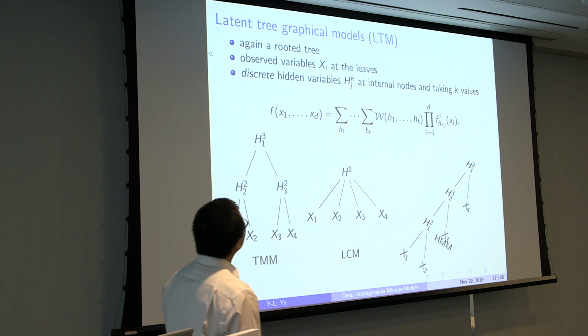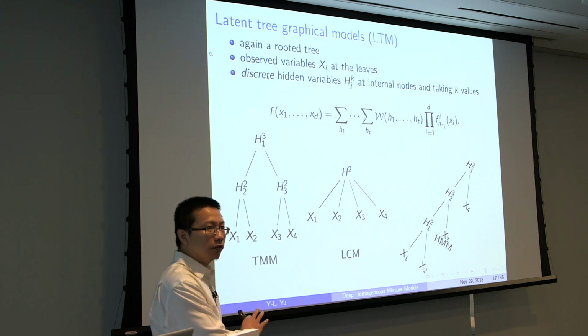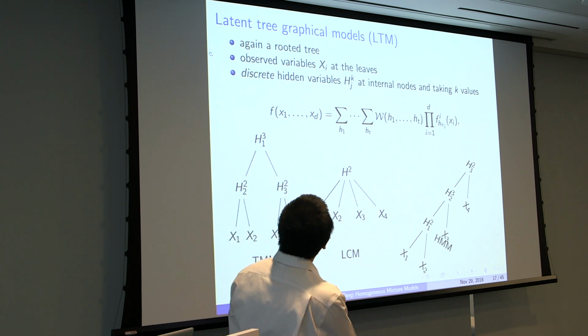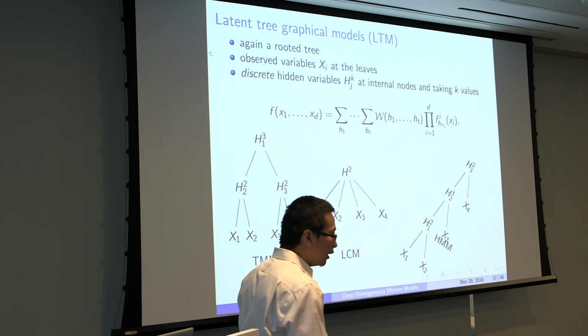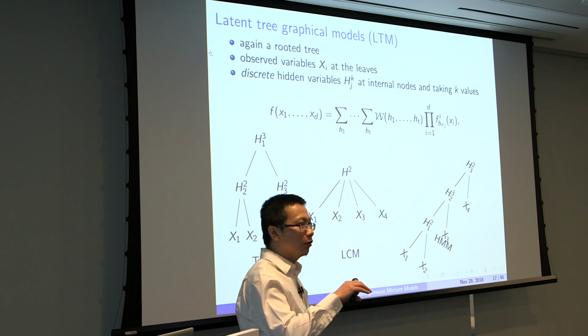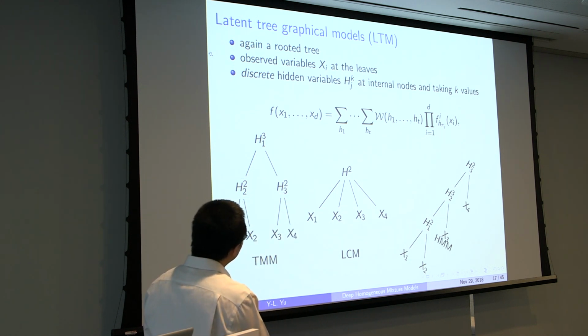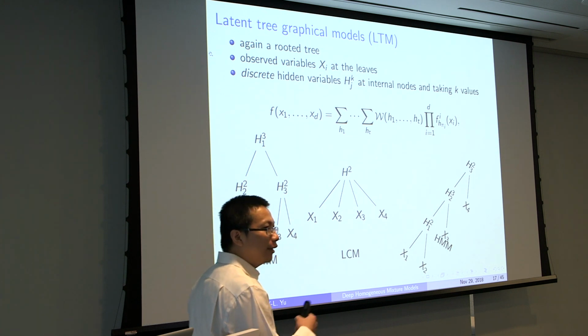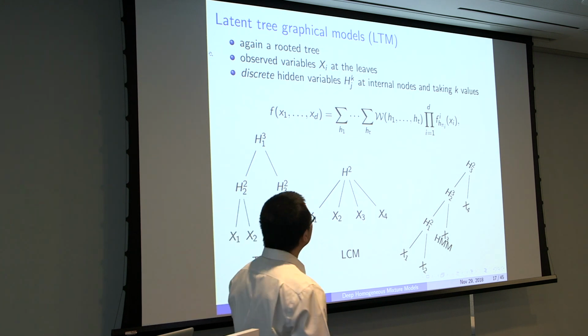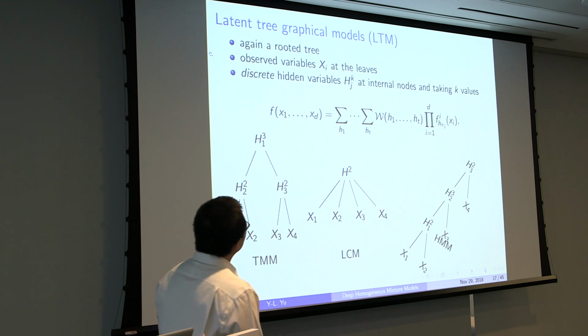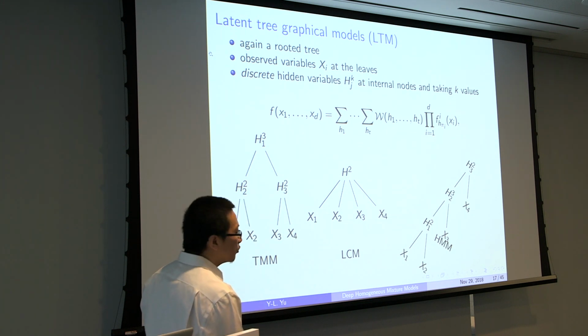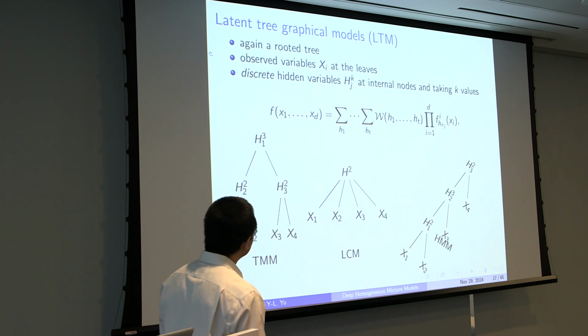The latent tree graphical model is probably familiar to most people here. Again, you have a rooted tree, and at the leaves you have the so-called observed random variables, here x1, x2, x3, x4. The internal nodes are hidden nodes. You don't actually observe them, and usually we assume the hidden nodes take a finite number of values.